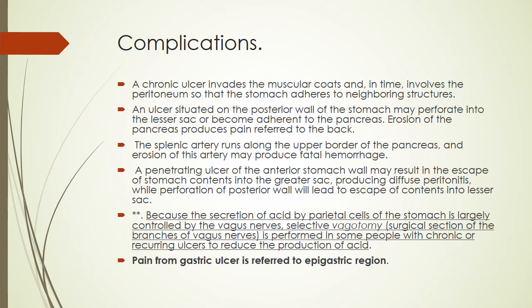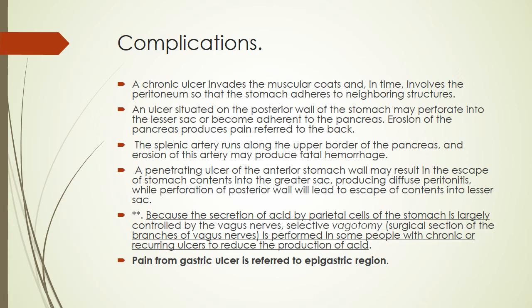Then another very important vessel, which is splenic artery, runs along upper border of the pancreas, and erosion of this artery may produce fatal hemorrhage. A frequently asked question in MCQs: erosion of which vessel will lead to fatal hemorrhage? The answer is splenic artery.